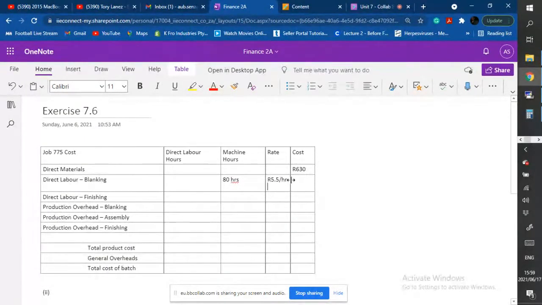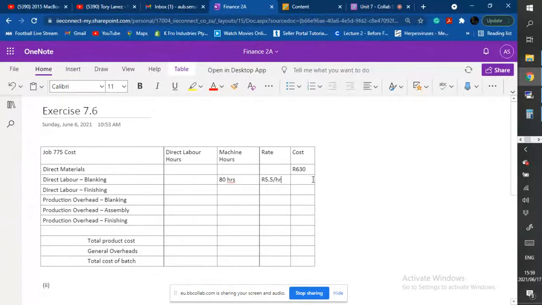Let's expand this a bit. We'll multiply these just now. Let's just fill in the information. Here we have assembling. Assembling was on direct labor, so 140 hours. The rate was 4 Rand per hour.